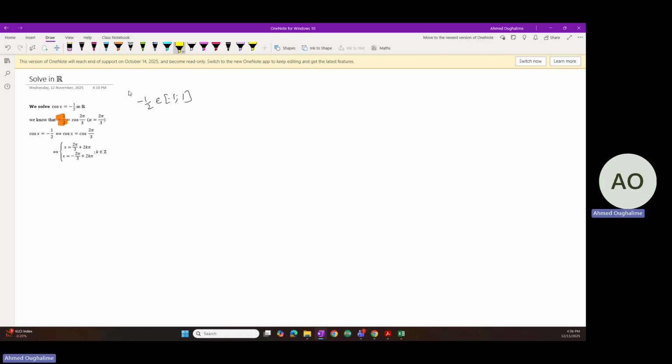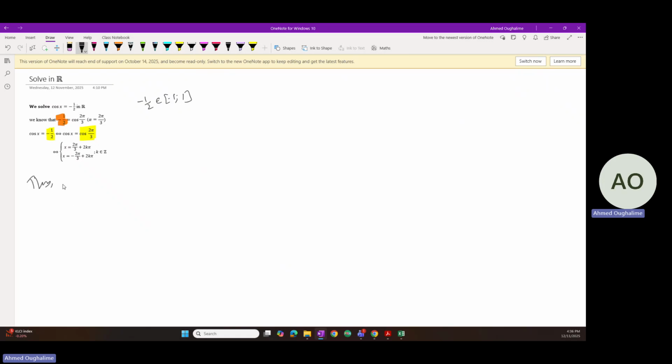So cos x = -1/2 comes to say that cos x = cos of 2 pi over 3. So we use either 2 pi over 3 or the opposite of it, because the cos function is an even function. Then a straightforward application gives my set of solutions.